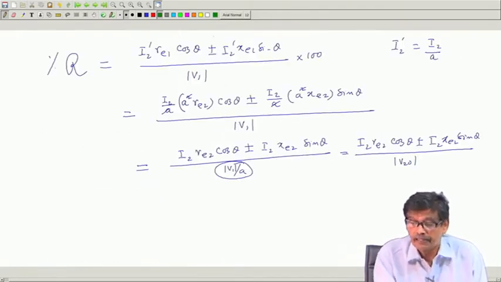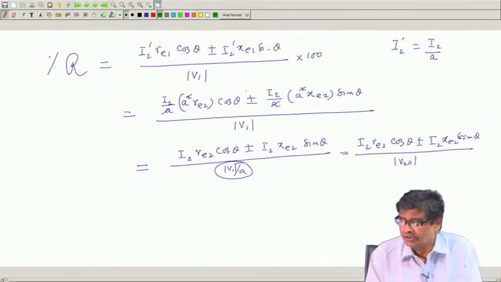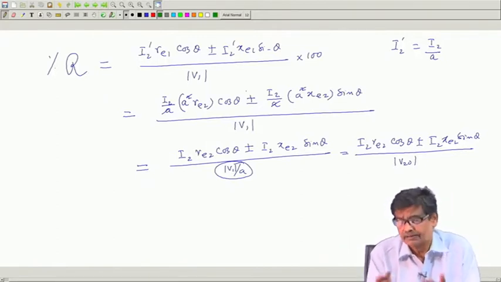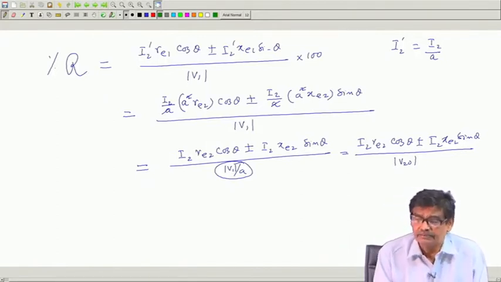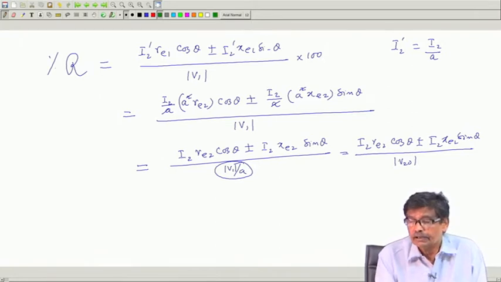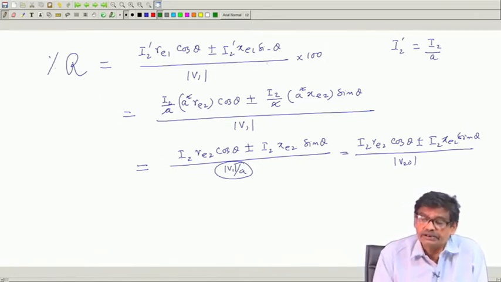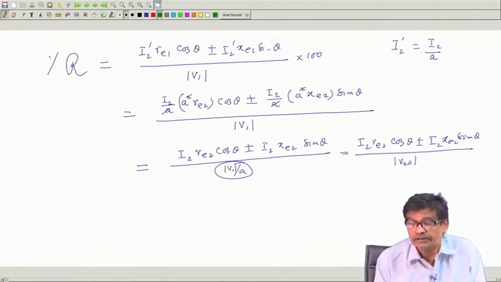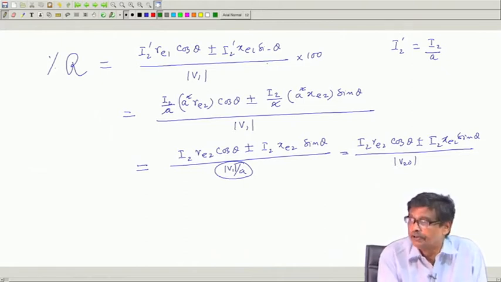No matter either you use this expression or that, one and the same thing, you will get same result. Therefore, as you can see, if you want to calculate regulation at unity power factor, that means theta is 0, then it will be simply I 2 dashed R e 1 cos theta into 1 divided by V 1.